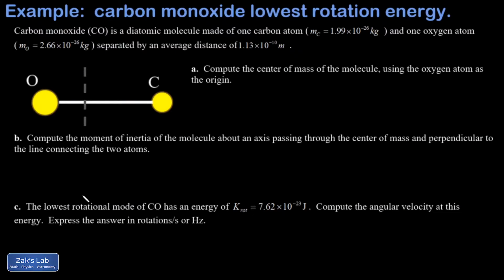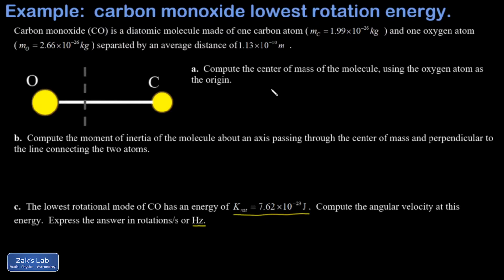In this problem, the ultimate goal is to take a known energy for a rotational mode of a carbon monoxide molecule and use that to find the rotation rate in rotations per second, or we could even call that a unit of frequency. We can call it hertz.